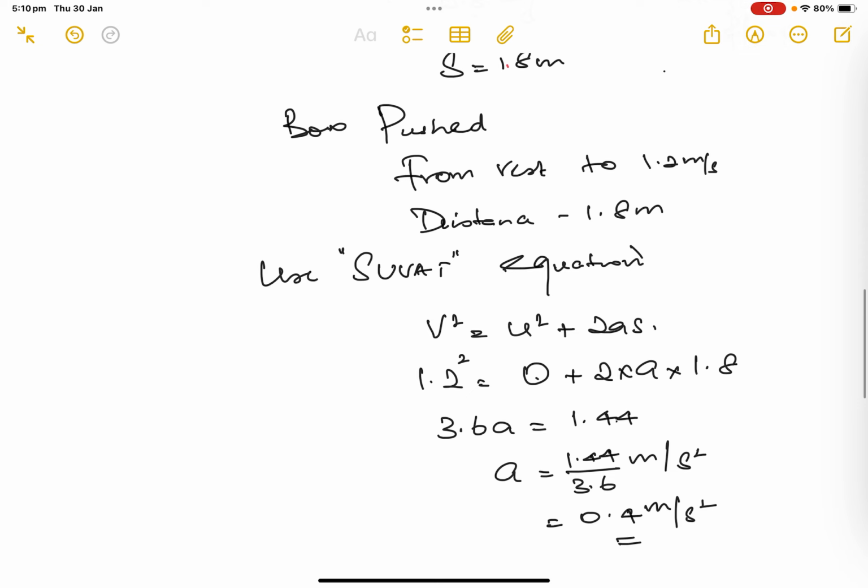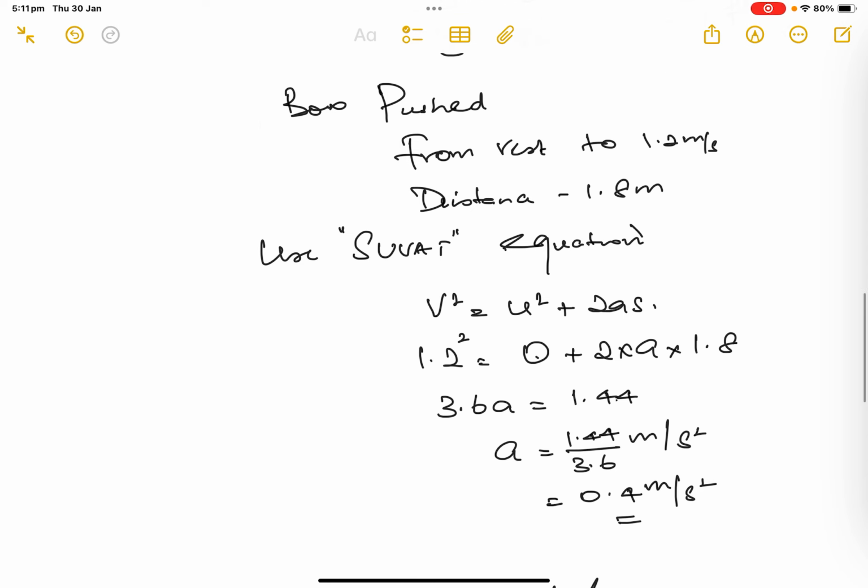Simply we can use the equation of motion v squared equals u squared plus 2as, because we know the distance and the velocities, but we don't know the acceleration, which we need to find. v squared is the final velocity, so 1.2 squared, equals u squared, which is 0 since it starts from rest, plus 2 times a times 1.8.